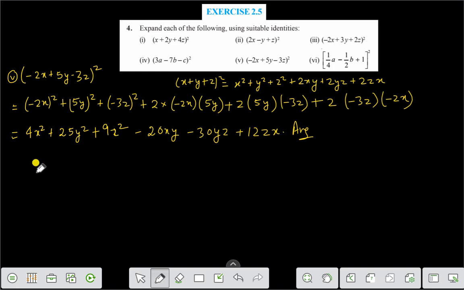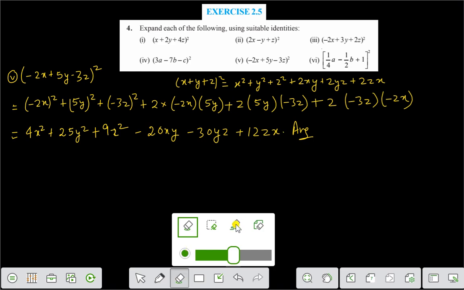Therefore, the answer is 4x square plus 25y square plus 9z square minus 20xy minus 30yz plus 12xz. Now we solve question number 6.